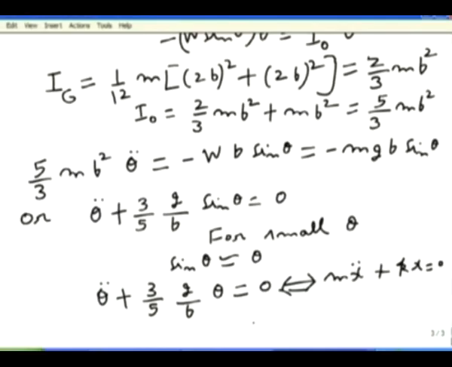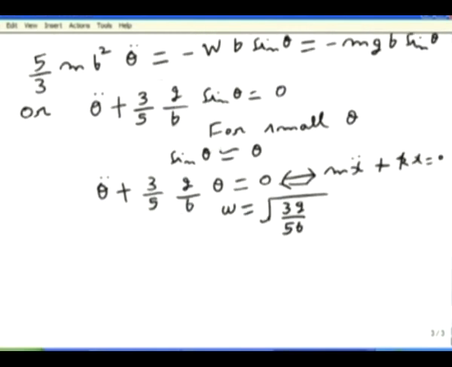So, therefore, omega will be under root 3g by 5b, and the time period can be written as 2 pi by omega, that means 2 pi under root 5b divided by 3g.